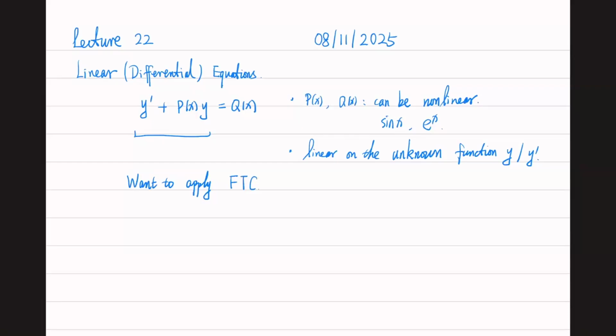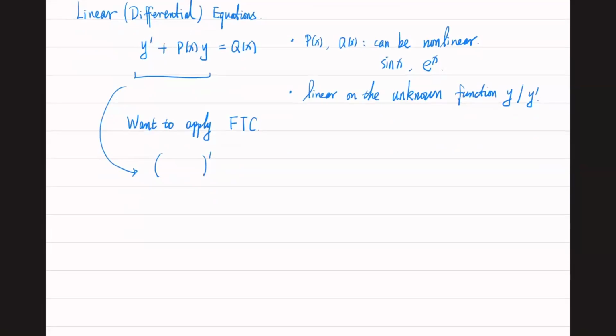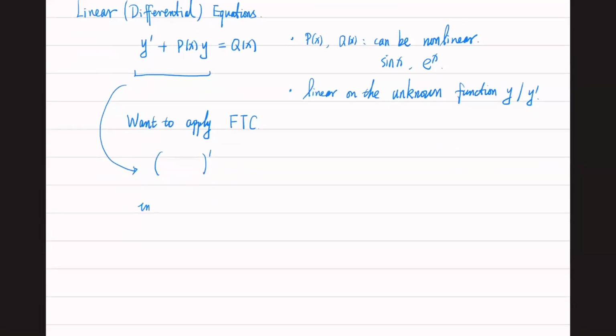We have to make some changes to make this the derivative. To do that, we will introduce a term called the integrating factor, a factor that facilitates the fundamental theorem of calculus.